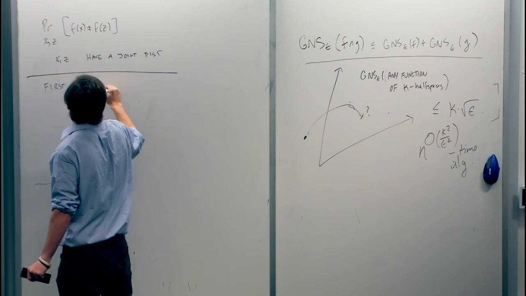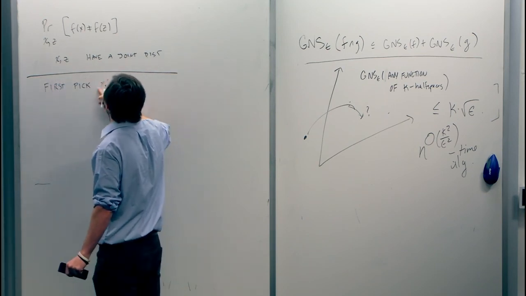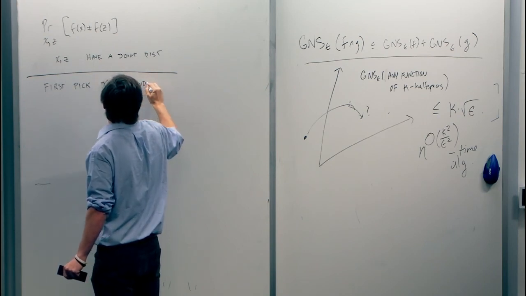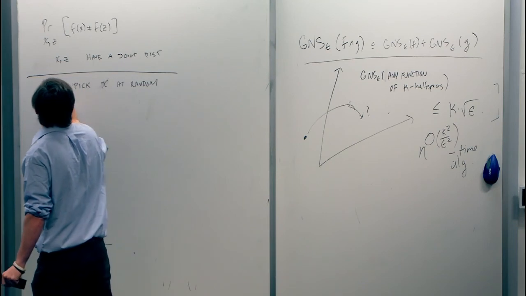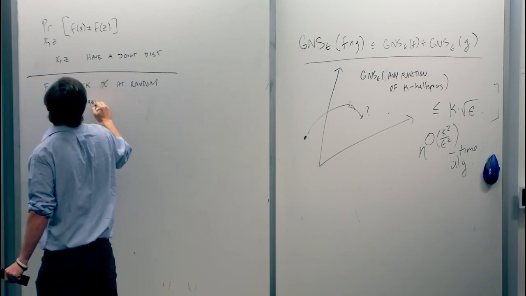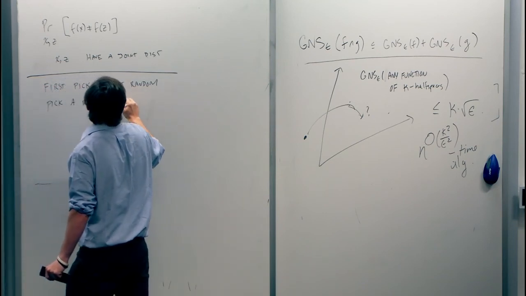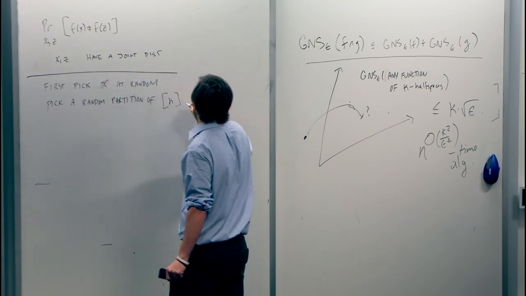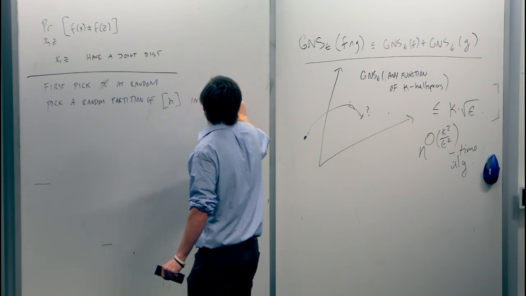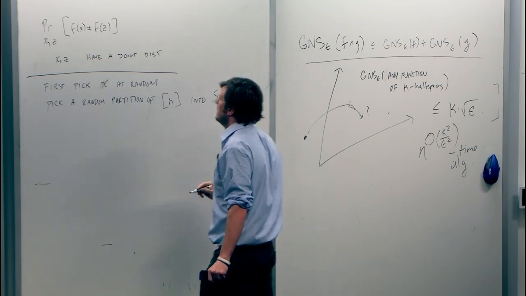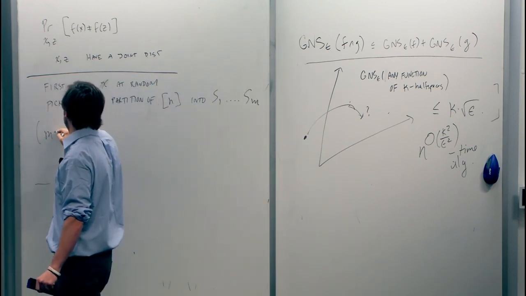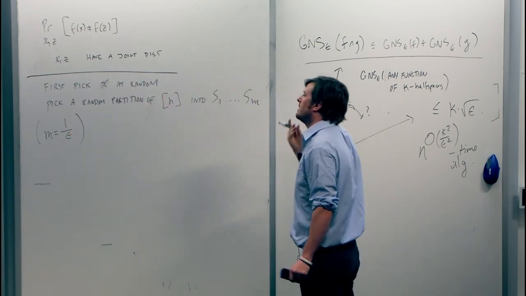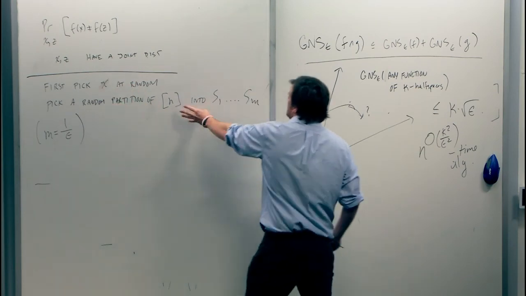First, pick x at random again. Then pick a random partition of n into m sets. And m here is going to be 1 over epsilon. So pick x at random, pick a random partition of n.